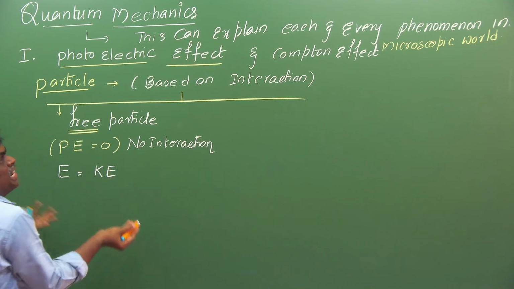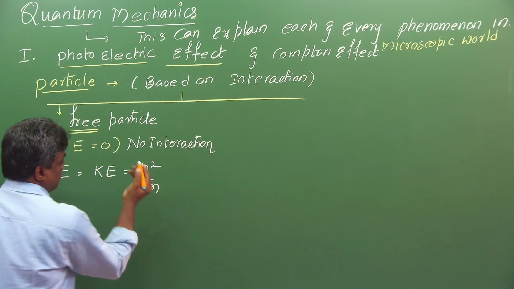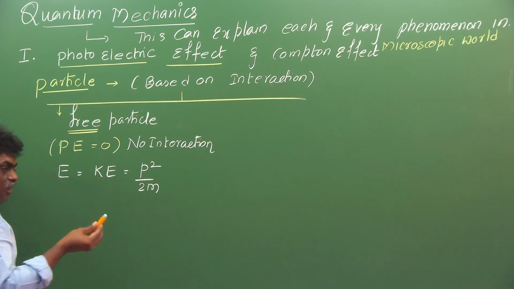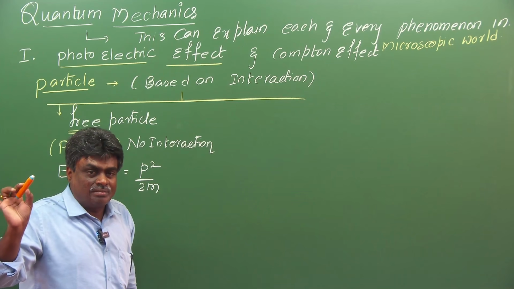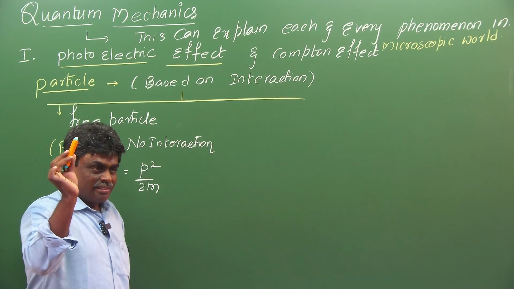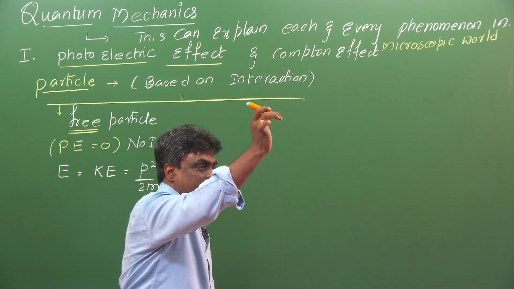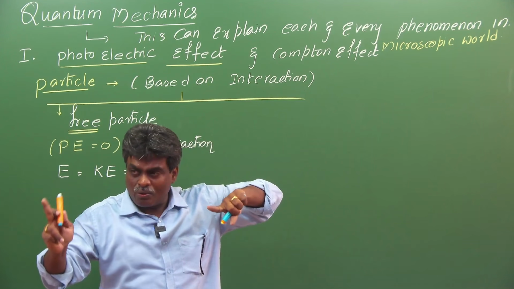Super, because potential energy is zero. What is the kinetic energy? Super. So now this is the mass. Let us say it is not interacting with anyone. It is free. Now I am throwing this with some velocity. Can you tell me what is the range of this kinetic energy? One more time I am asking.